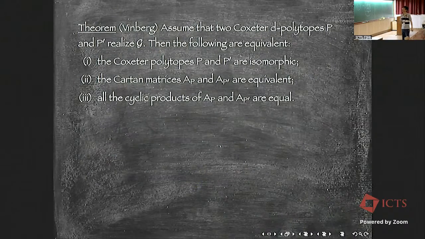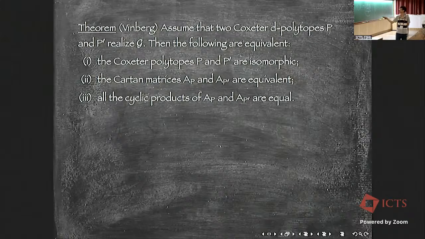Then Vinberg actually shows that, in fact, the Coxeter polytopes P and P' are isomorphic if and only if the Cartan matrices A_P and A_P' are equivalent, or all the cyclic products are equal. So basically, it tells us that the cyclic products will be the parameters.